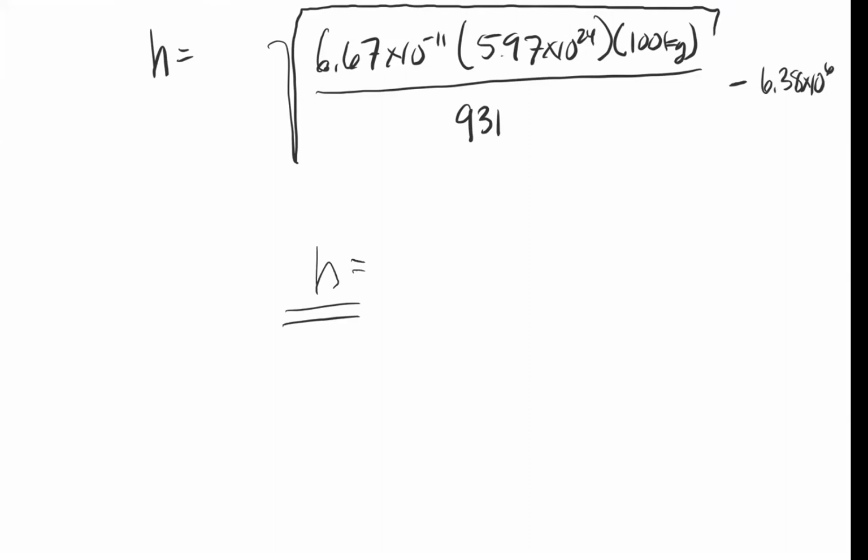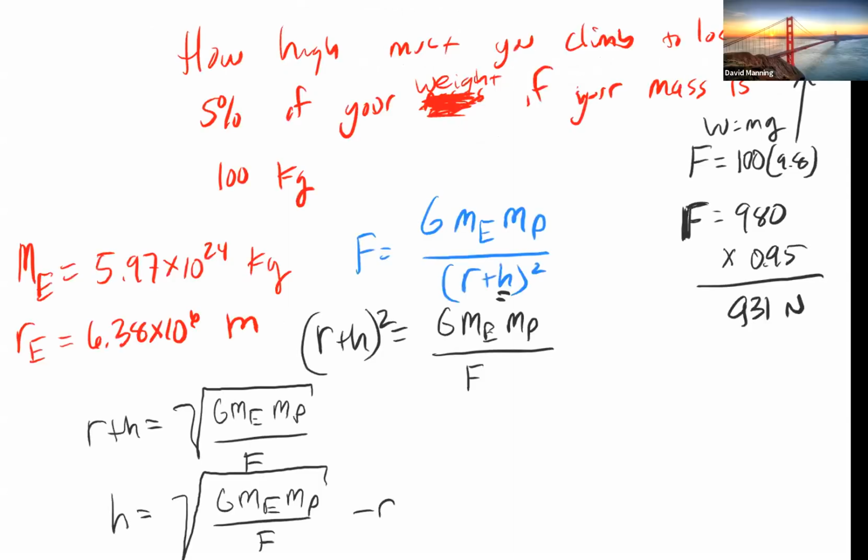Now this is going to be a dumb question, but why did you multiply 0.95 by the weight? Because we're losing 5%. So our weight's 980 newtons. We could have done 5% of that and then subtracted. What's that come out to be? 49 newtons.